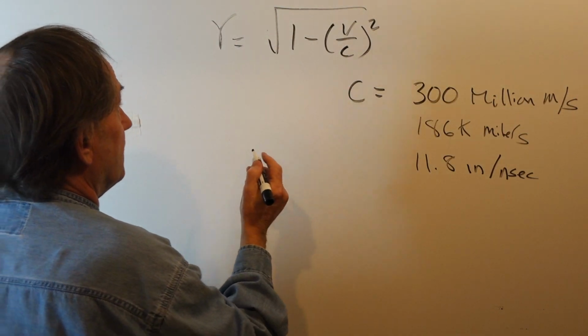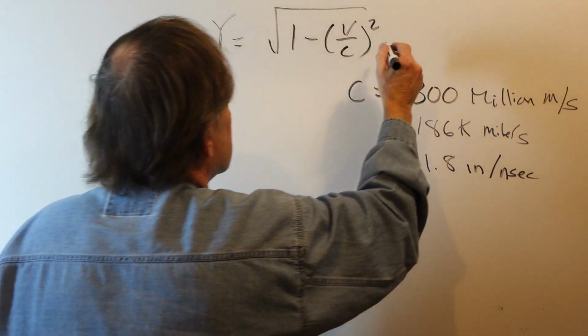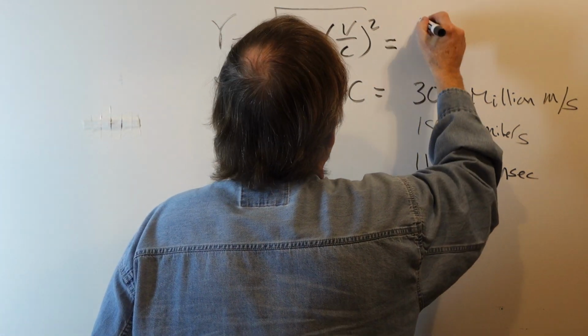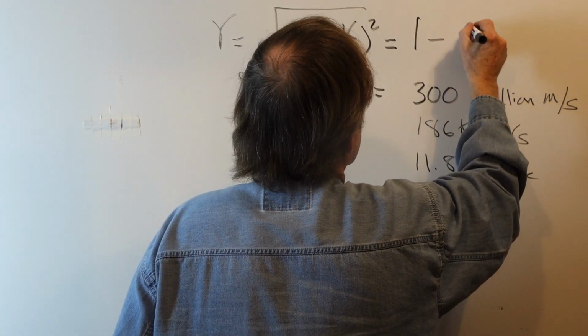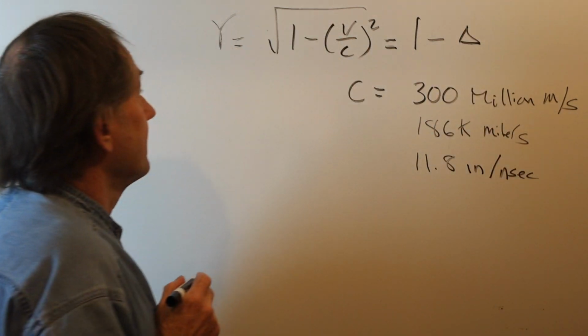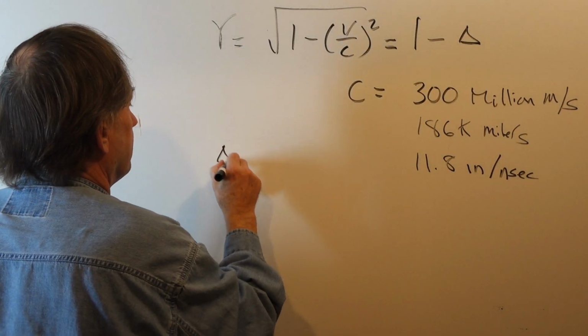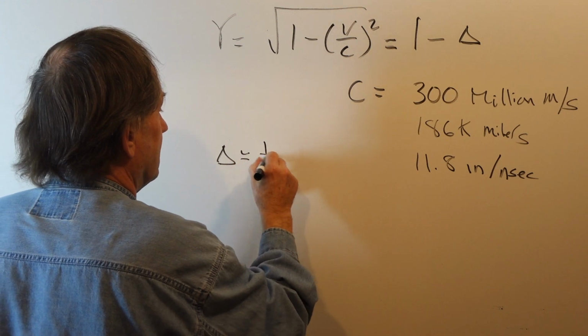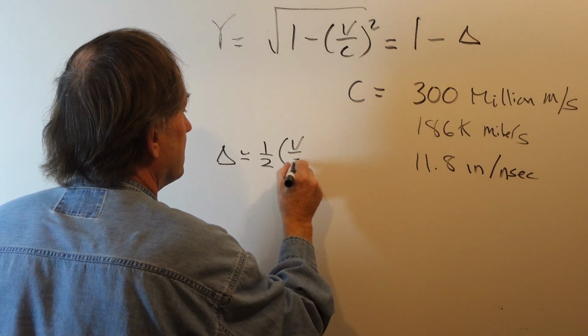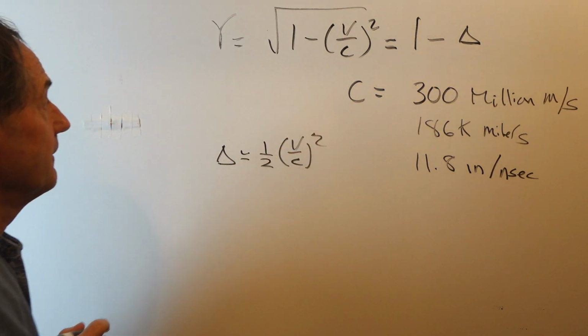So what we're going to do is we can look at this and write it as 1 minus delta, where delta is approximately 1/2 v over c squared.